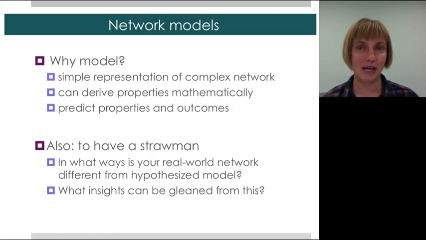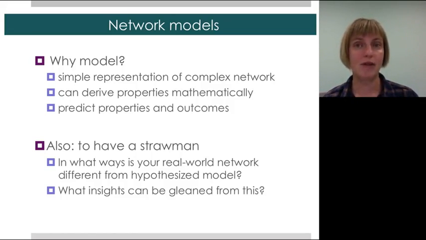Now, how can you tell that your model is valid? Well, what you're going to do is you're going to generate either through simulation, which is what we'll be doing with NetLogo, or you can derive mathematically properties of networks that follow the dynamics and the assumptions that you make in the model.